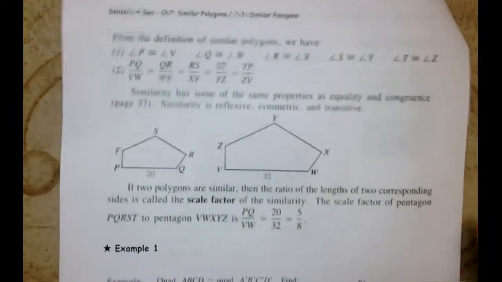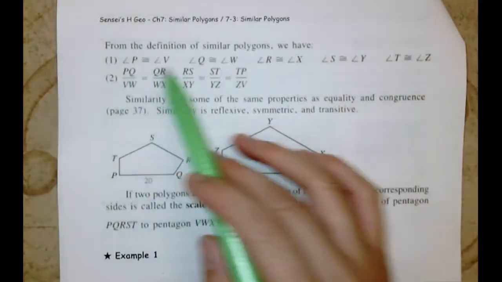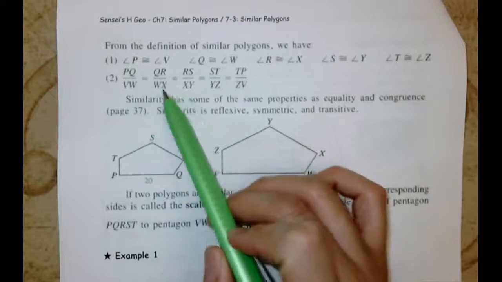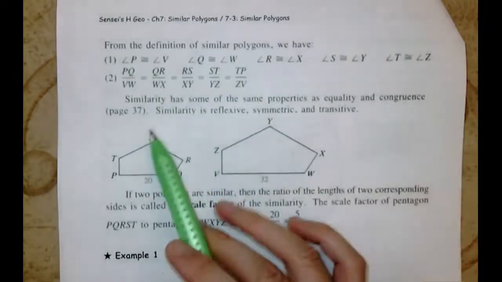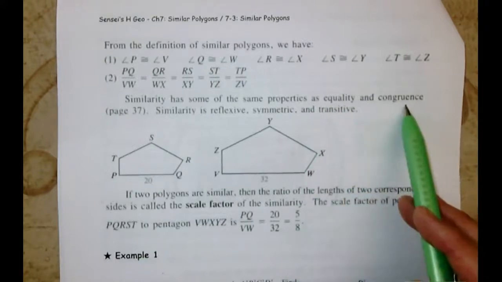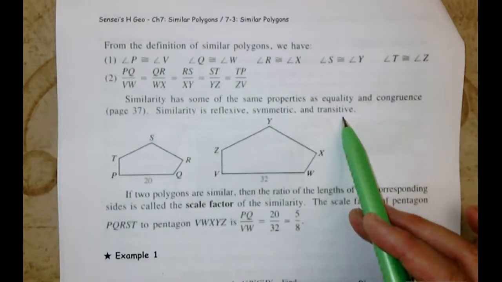From the definition of similar polygons, the corresponding angles are congruent and the corresponding sides are proportional. Similarity has some of the same properties as equality and congruence. Similarity is reflexive, symmetric, and transitive.